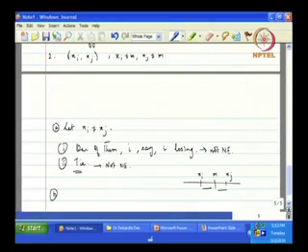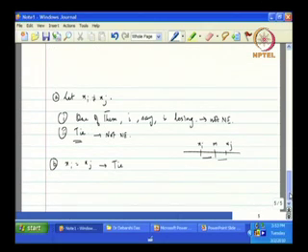What can be the other possibility? Possibility B is that xi is equal to xj. Now, if xi is equal to xj, it means that it is a tie. Both the players are announcing the same position, so it is a tie. Now, if there is a tie, is this a Nash equilibrium?